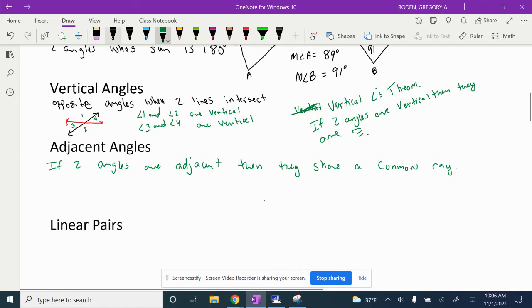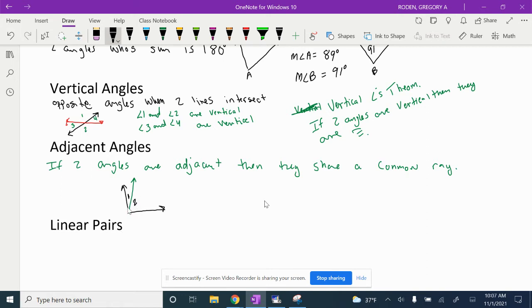So if we go back to that example where we had that right angle, let's say this is a right angle, and we have a ray coming out of it, like this green ray. It can be a right angle or not; you don't need to know that right now. But angle 1 and angle 2 are adjacent. Why, Sam?